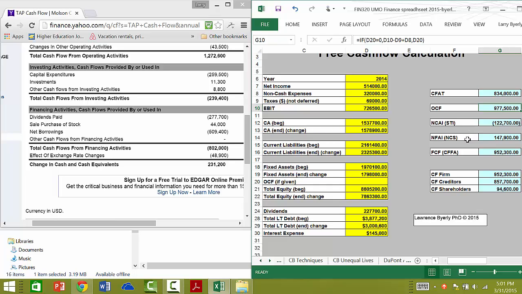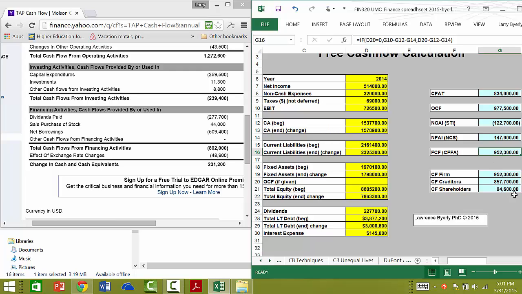They have to make some long-term investments in fixed assets. And after they're done, the total free cash flow available for the company is $952,300. So that's the cash that's available to pay the investors of the company.